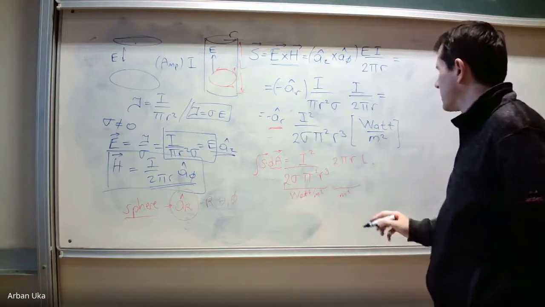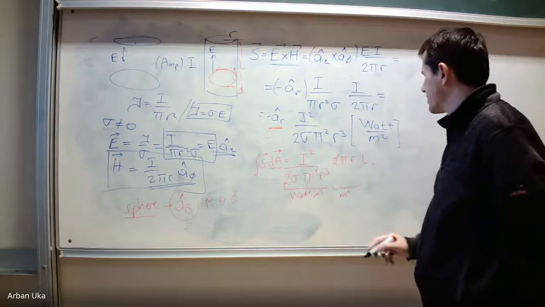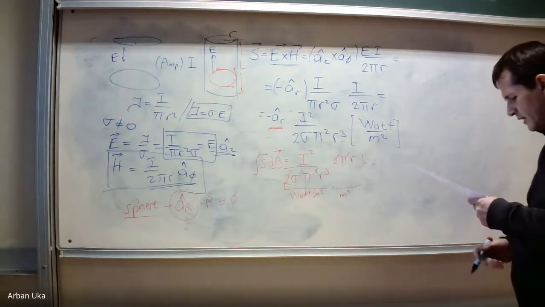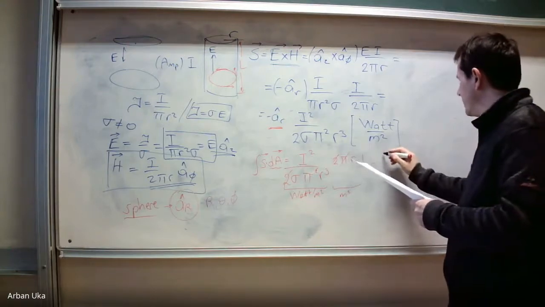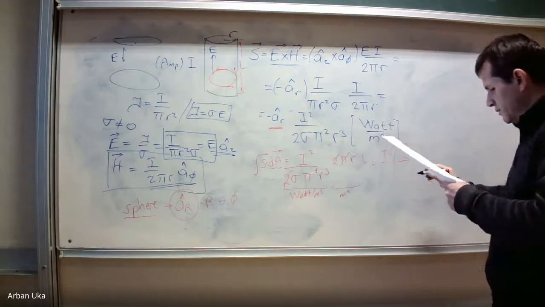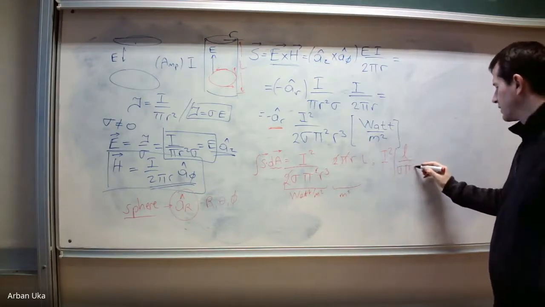So we should get watts. In the meanwhile, we cancel the 2's, we cancel one of the pi's, and the result is going to be equal to I squared times L divided by sigma pi r squared.